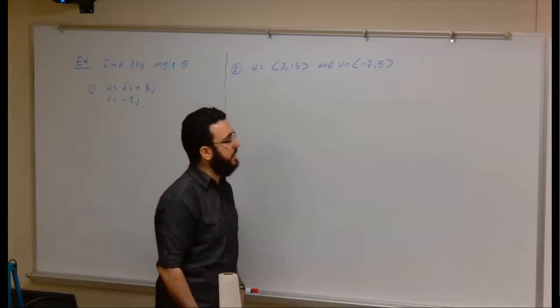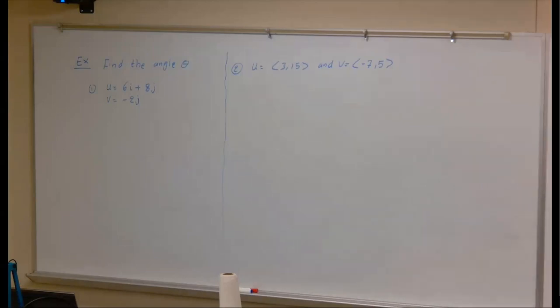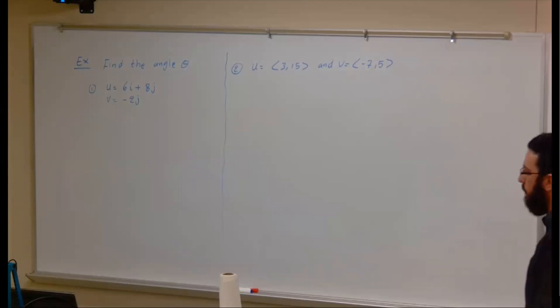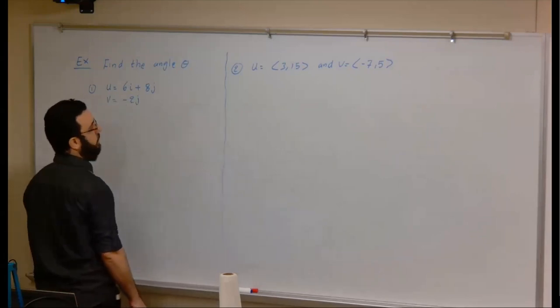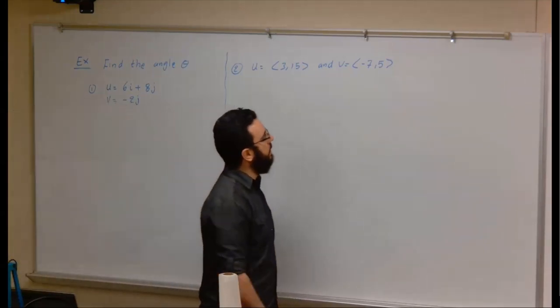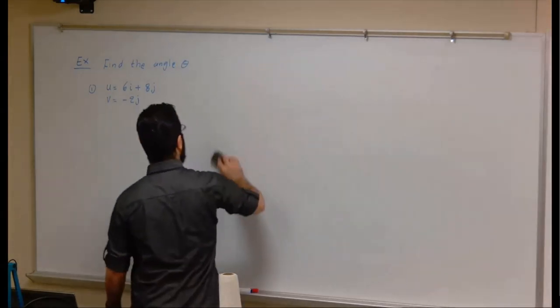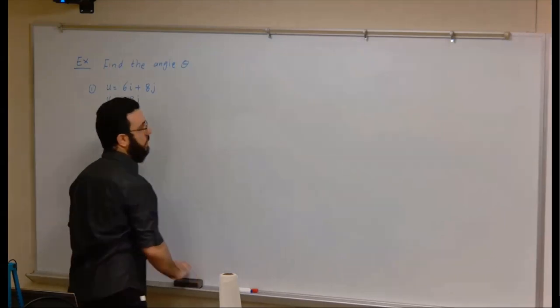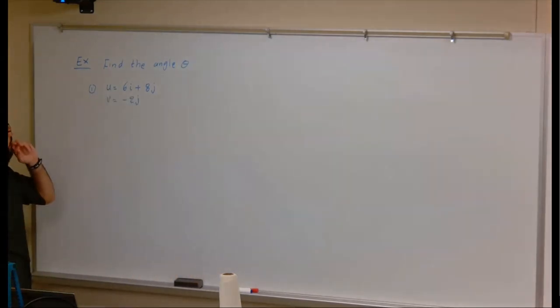So let's check next example. Find the angle. So I have the formula. It says cosine theta equal dot product between U and V over the length of U and the length of V. Now let's check this one.